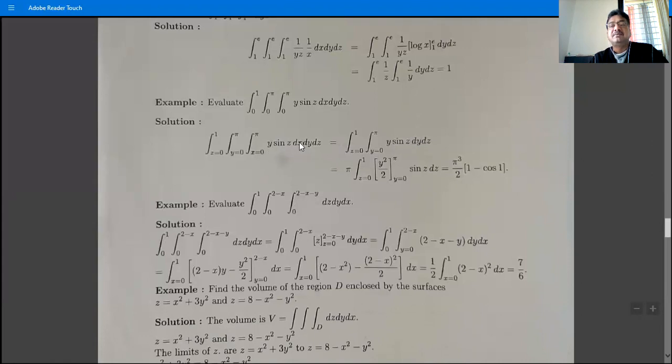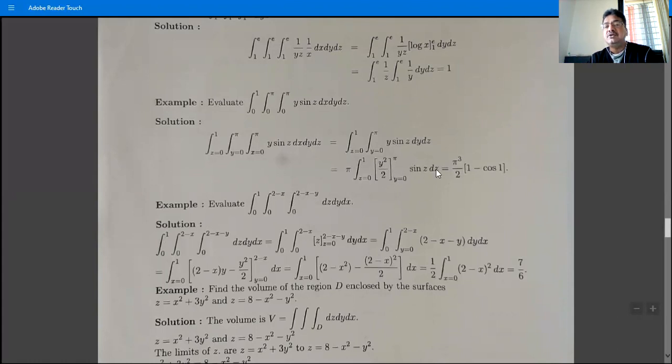With respect to x, integration is y into sine z into x, and write x in bracket, and then 0 to pi, write that pi here, because value at the upper limit is pi. Then integration is with respect to y, sine z is constant, and the integration of y is y square by 2, limit is y 0 to pi, then value is pi square by 2, this pi and this pi square by 2 becomes pi cube by 3.